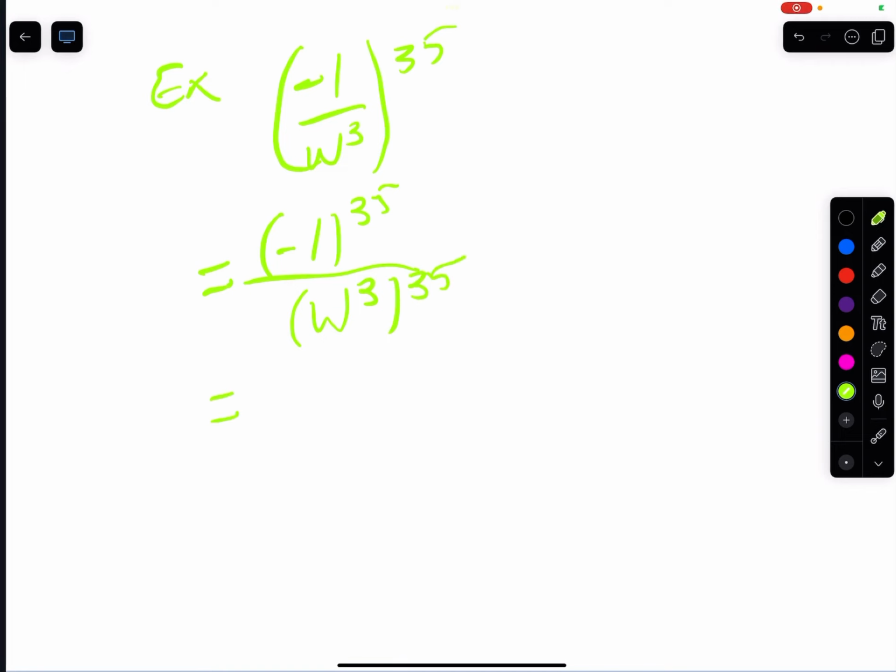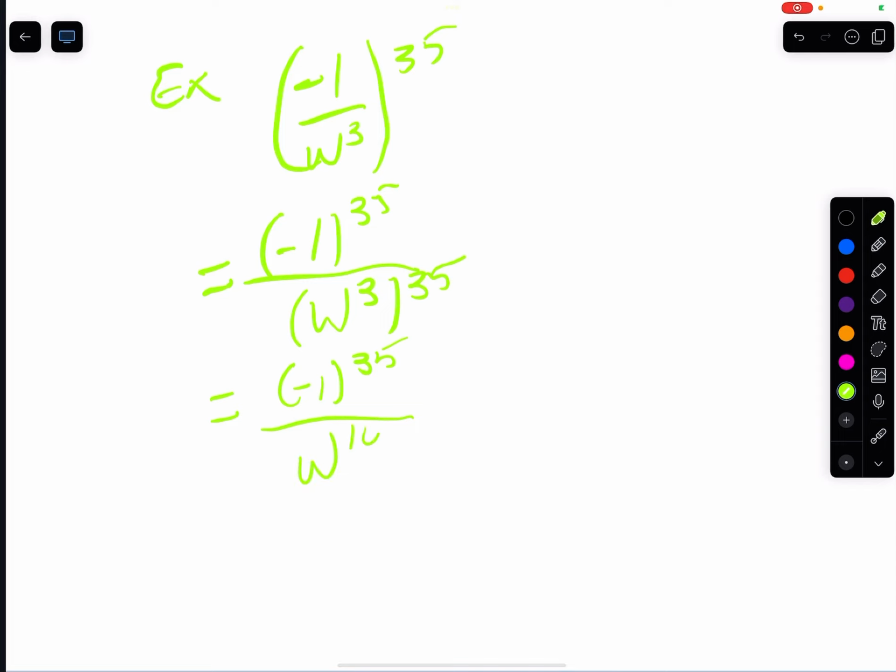Well, we know that in the numerator, that's about as simple as we can get. But the denominator, we still have that issue of the power of something raised to another power. So we can then multiply those exponents. 3 times 35. What is 3 times 35? Anyone?